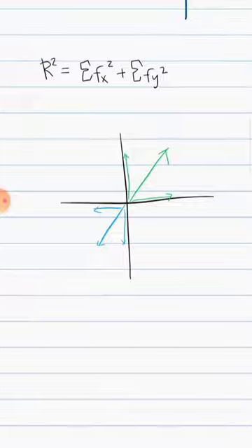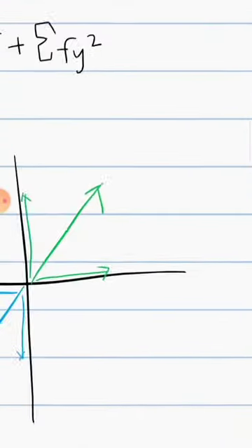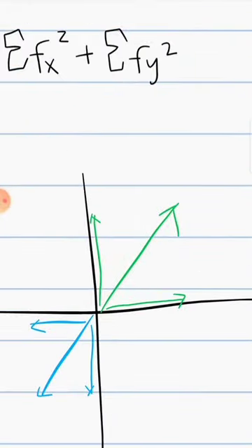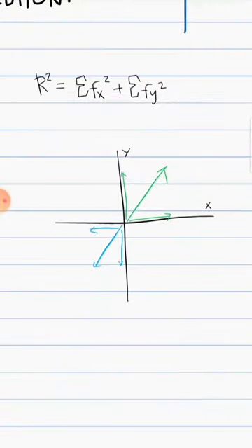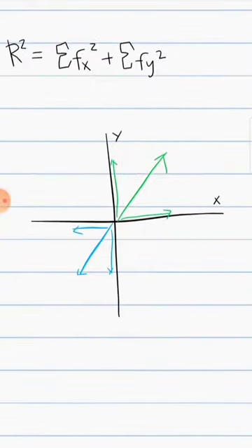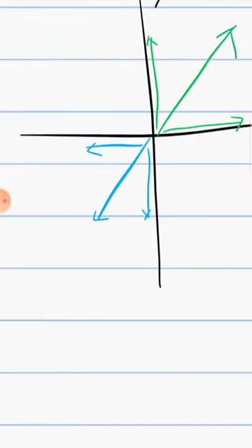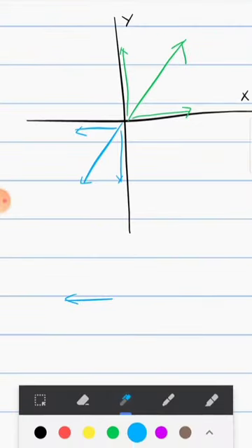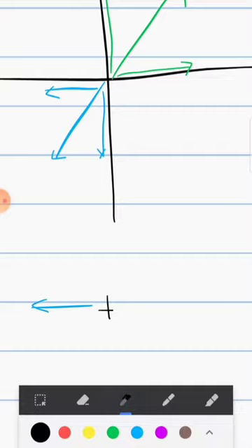And the meaning of the sum of the forces in the x, if this is the x-axis right here and the y-axis here, is just the addition of these vectors that are along that axis. So the sum of the forces in the x is this one plus the green one.